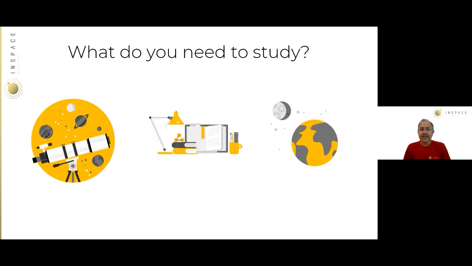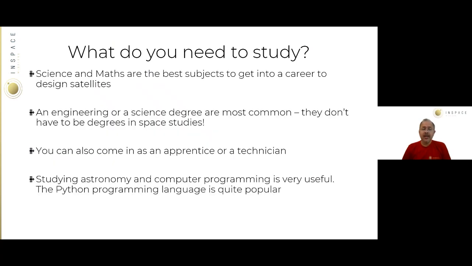And so I would like to talk about what you need to study if you want to design one yourself. The main kinds of subjects that people at my workplace have studied are science and maths. Often they have degrees in related subjects. They're not necessarily space degrees.